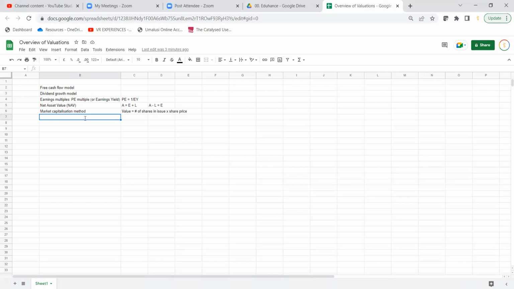And that is the economic value added method, the EVA method. Technically speaking, the EVA and the free cash flow methods are basically the same thing. Somehow you can use the EVA and get to the free cash flow model, but that's highly technical.